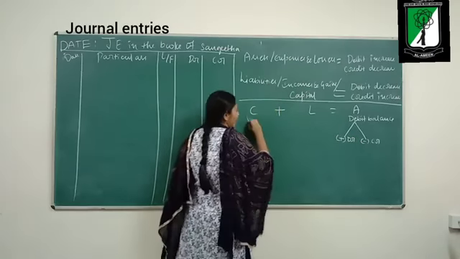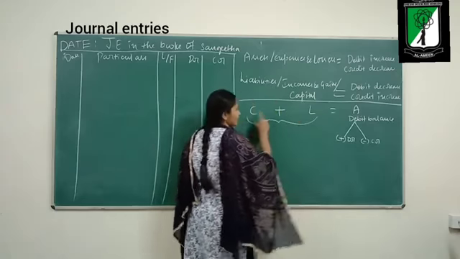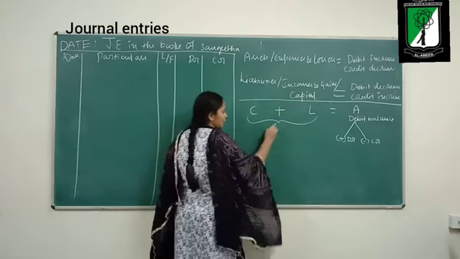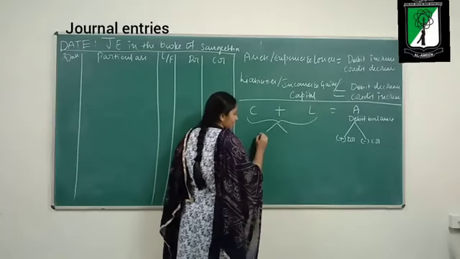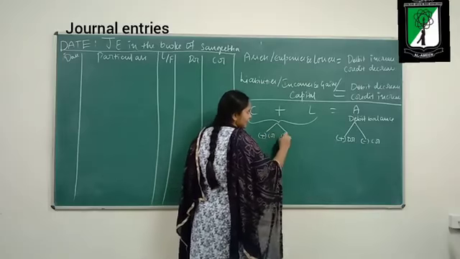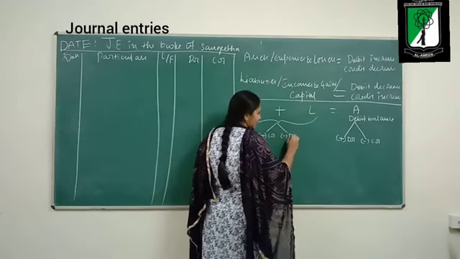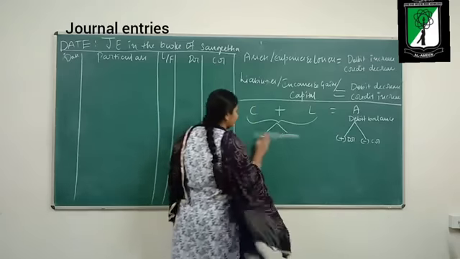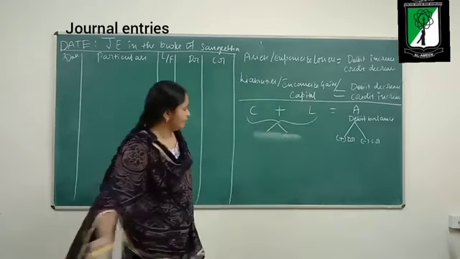For capital, liabilities, incomes and gains, the rule is similar: increase should be credited, decrease should be debited.